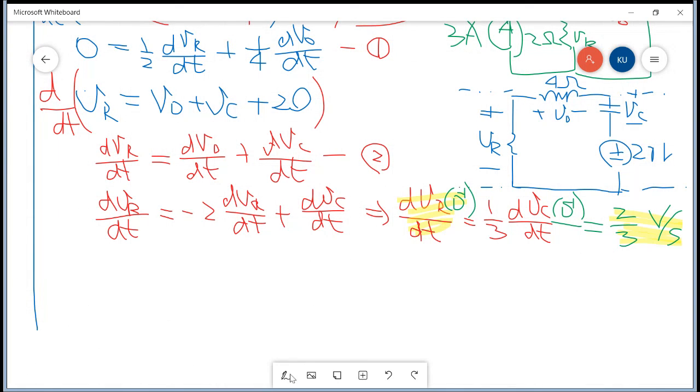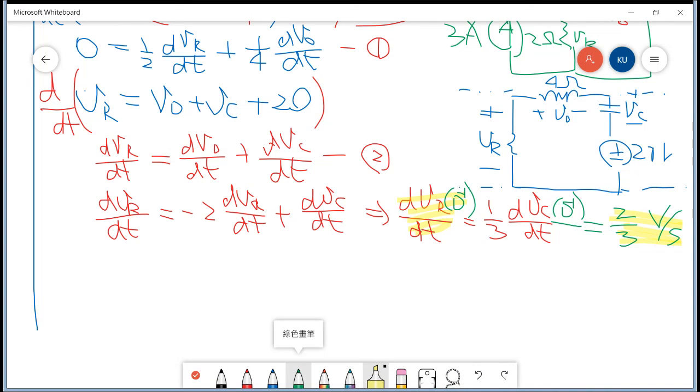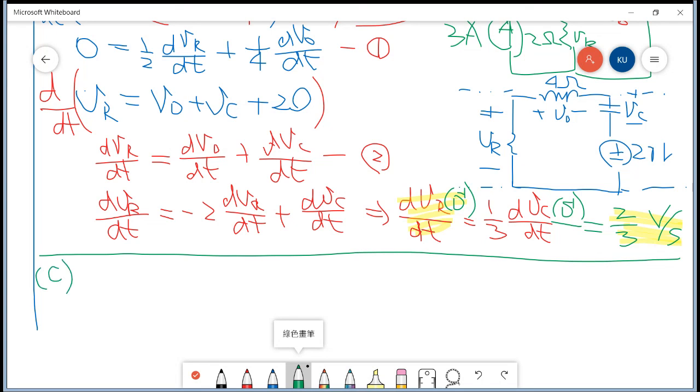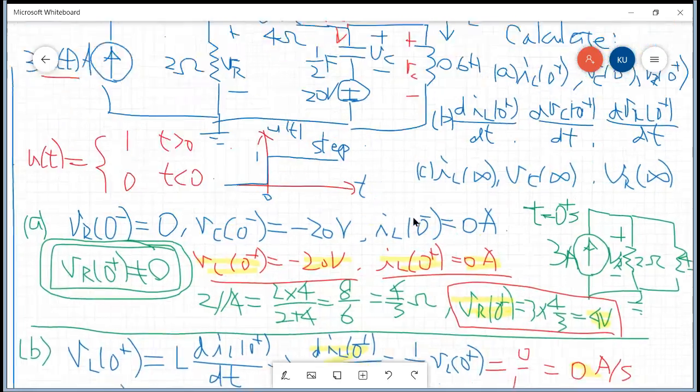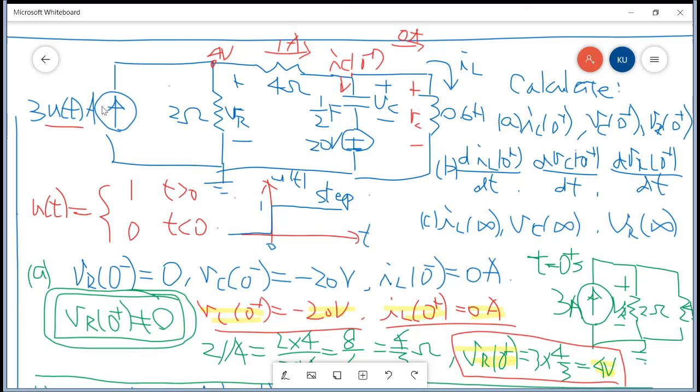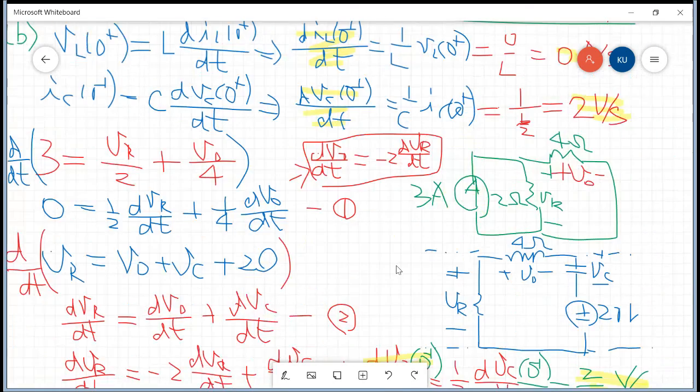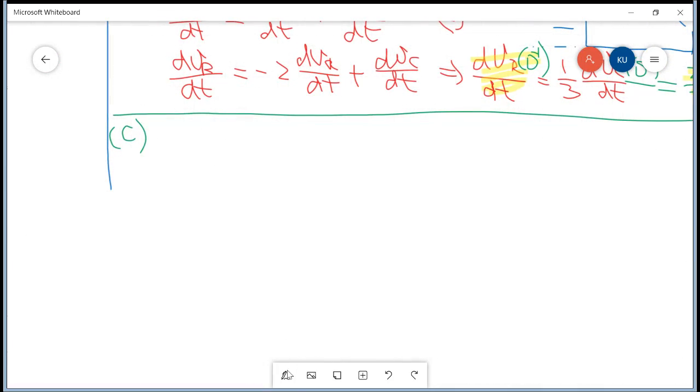And for part C, we would like to find the free variable at t equals infinity. In this case, we can redraw the circuit like this.